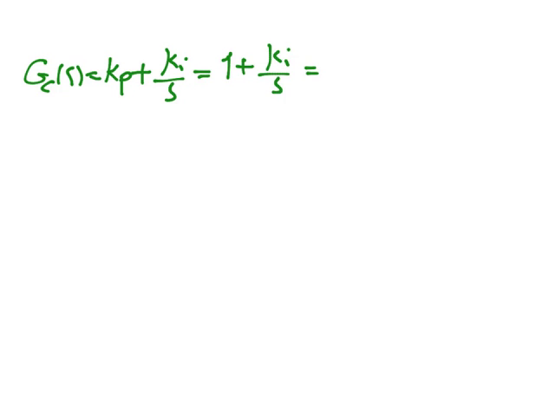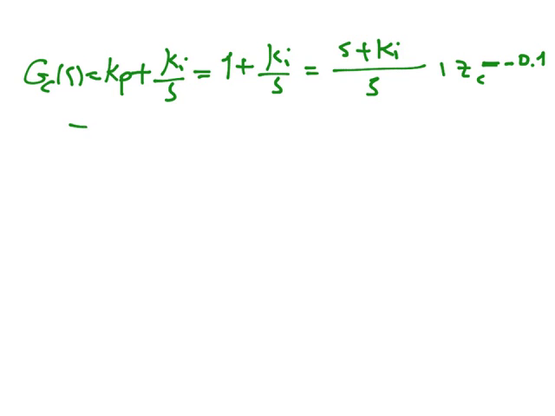So we know that GC(s) is equal to Kp plus Ki over s, and since Kp is equal to 1, we have 1 plus Ki over s, or in other words, (s plus Ki) over s, and we need to have the zero of the controller at minus 0.1.